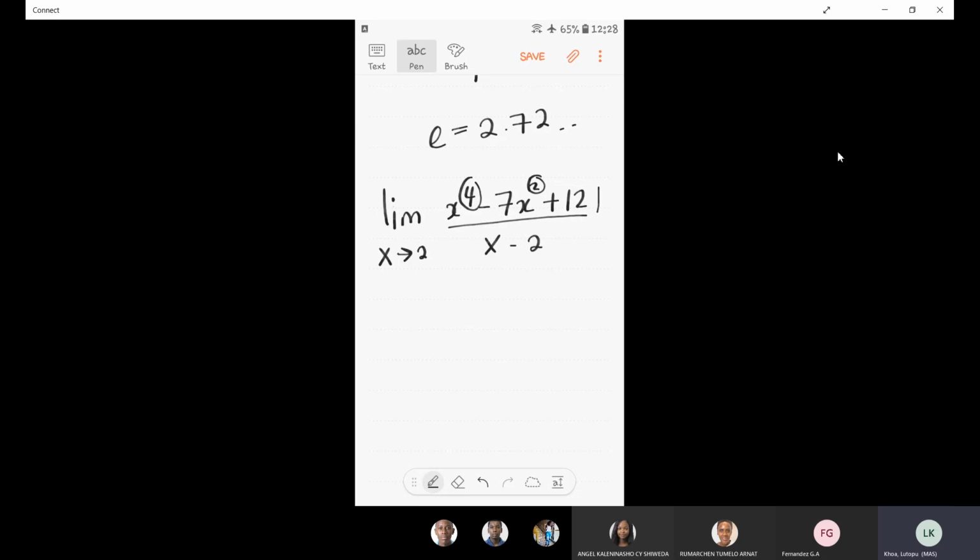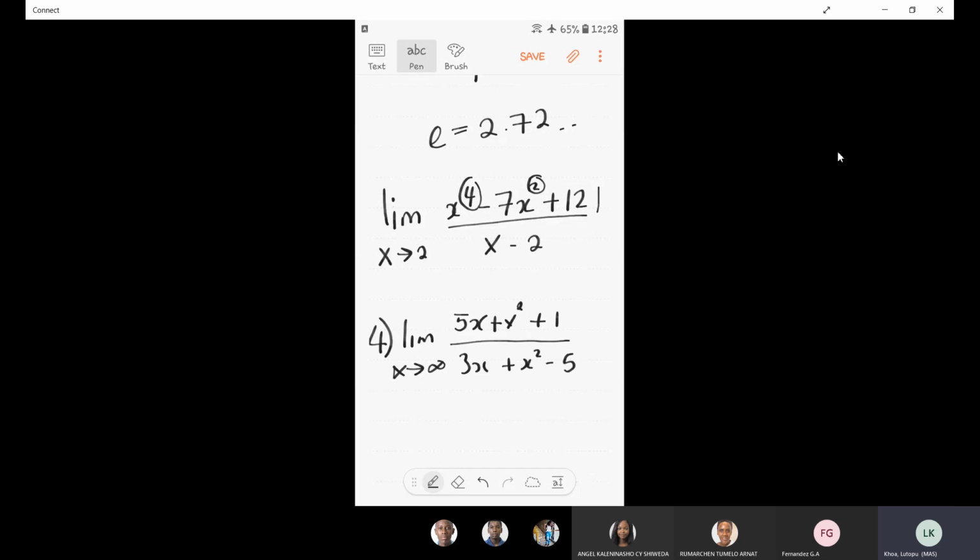Number 4 in the exercise, where you have the limit as x goes to infinity of 5x plus x to the power of 3, x to the power of 2 plus 1 over 3x plus x squared minus 5.